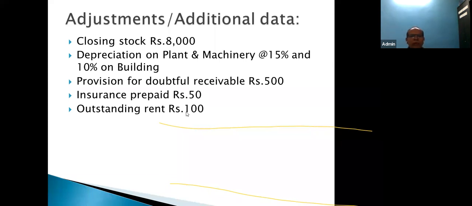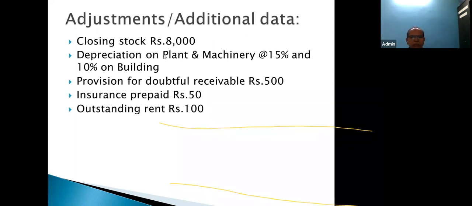Now, whenever you solve final accounts, whatever adjustments are given, you need to mark on those particular items, so that while picking each and every item from the trial balance, this sort of indication will give you the hint that there is an adjustment. So that is the purpose.